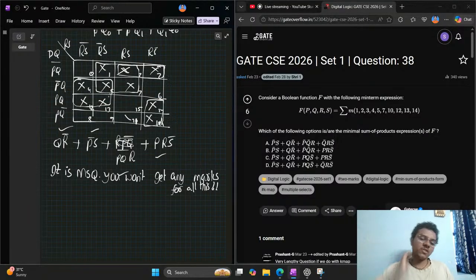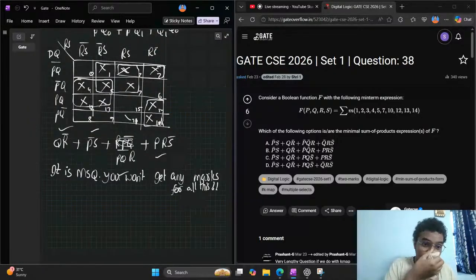How did he group to get PQS bar? That means R, R bar needs to cancel. So these two rows and PQ. These two, right? P bar, Q bar, S, we will get that. But how will you get PQS bar?